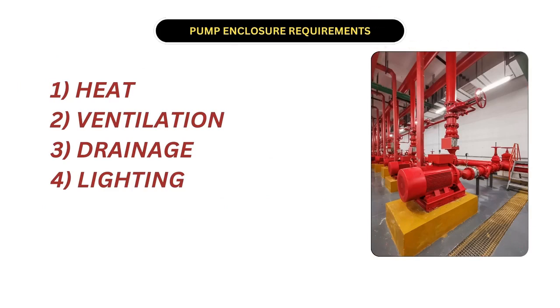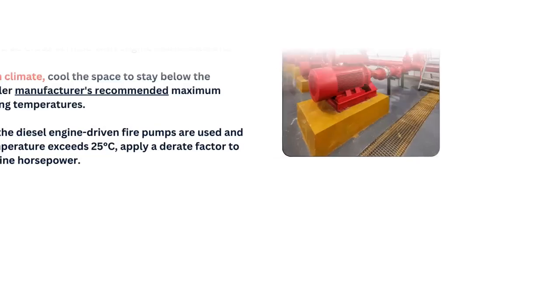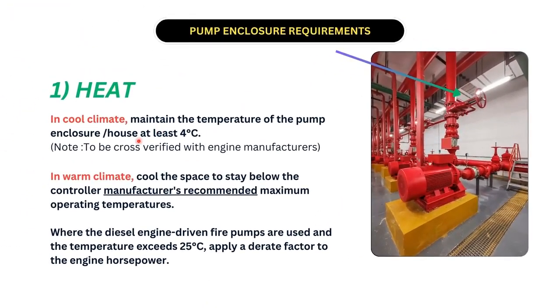The fire pump room must be maintained at least at 4 degrees centigrade. If you have a diesel engine fire pump installed in the pump room, then the temperature to be maintained shall be cross-verified with the engine manufacturer. In warm climatic conditions, we need to cool the pump room to stay below the controller manufacturer's recommended maximum operating temperatures.